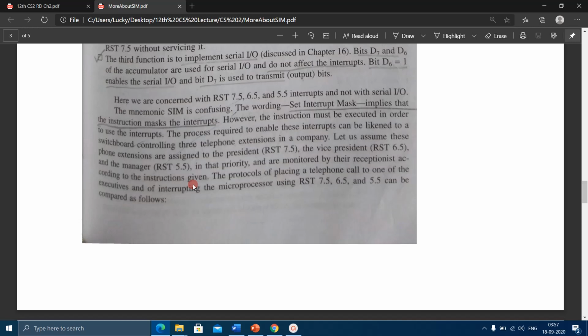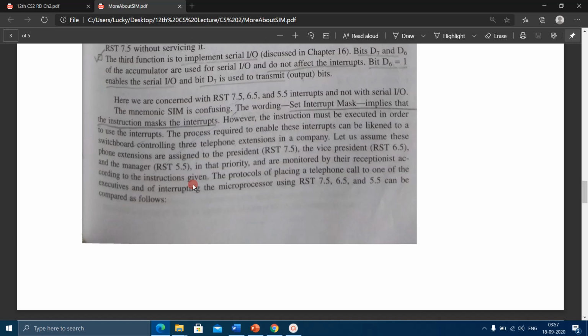Will the President ignore it, or will the President accept the call? All these instructions, whether the President will ignore or accept the call, will be given by the President. Will the Vice President accept or ignore the call? These instructions will be given by the Vice President.